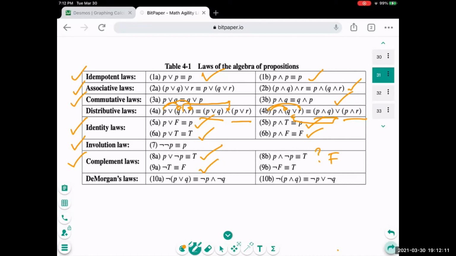Kasi kung yung P mo ay 1 and yung negation mo ay 0, pag kinuha mo yung conjunction niya, dapat false, I think. Let me know if I'm correct with this one. But that's how I see this for 8B. And then for 9B, of course, negation F is, yung kabaliktaran ng F is true, right?